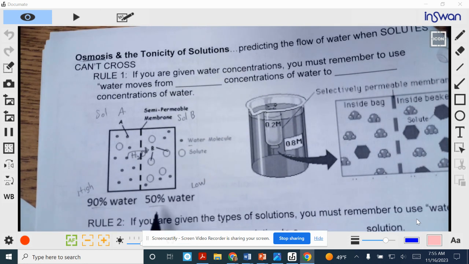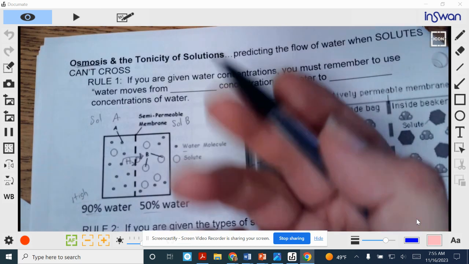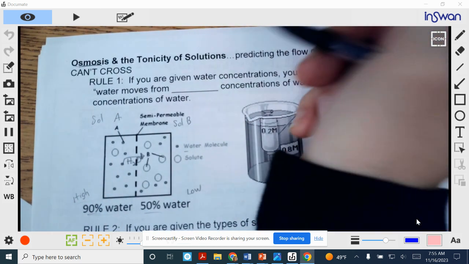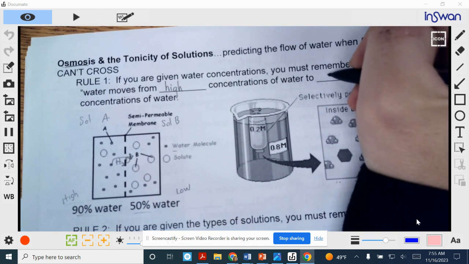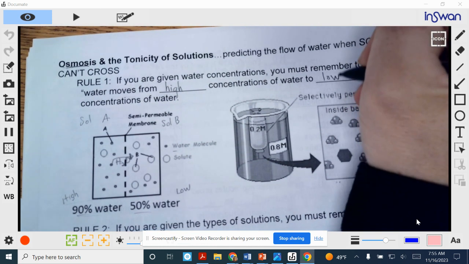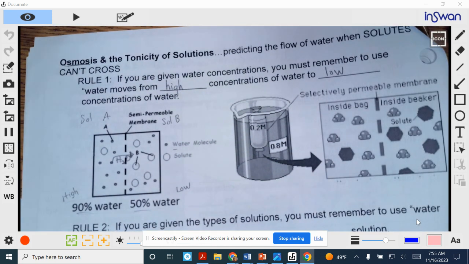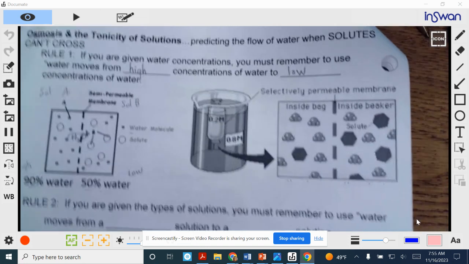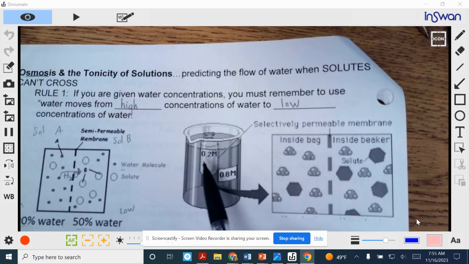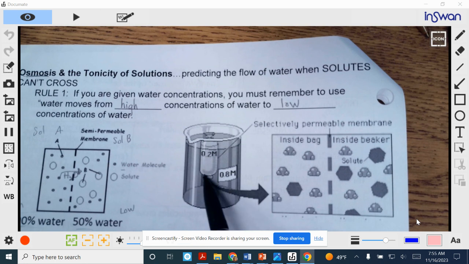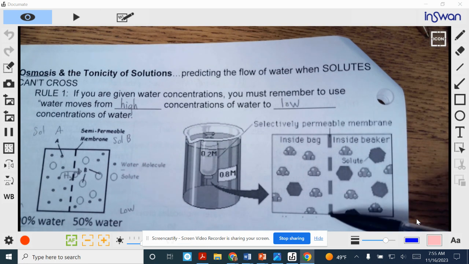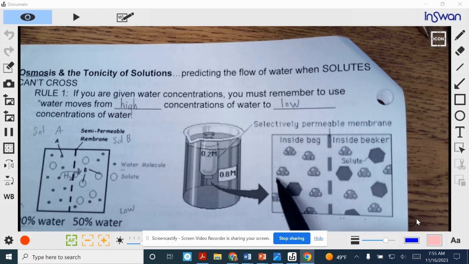So if I give you water concentration, you can remember what we've already talked about: all molecules move from an area of high concentration to an area of low concentration. So water moves from high concentrations of water to areas of low concentration of water. When we look at a diagram like this, with two solutions separated by a plastic membrane, here's the solution in the bag, and here's the solution in this beaker.